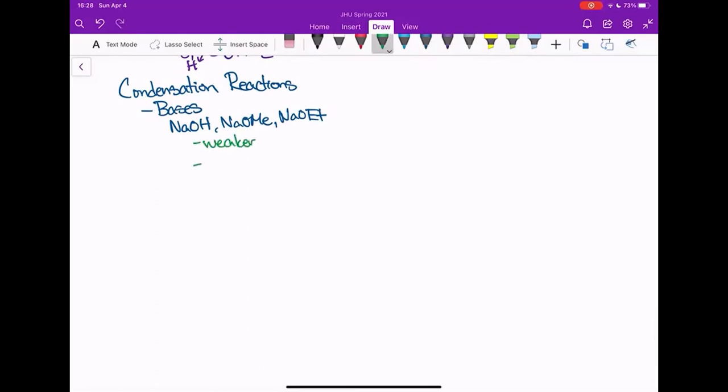And so they generally will give you about a 50-50 chance between your starting material and your enolate form. And so for that reason, they're very good for self-condensations so that you have a portion of your original molecule that you can go ahead and attack after forming your enolate.